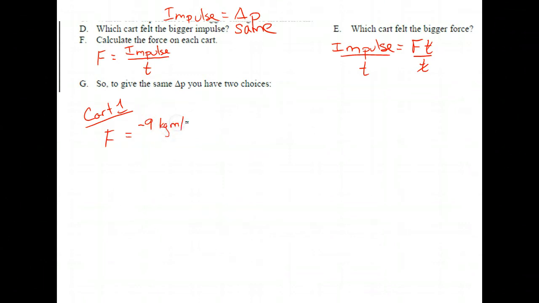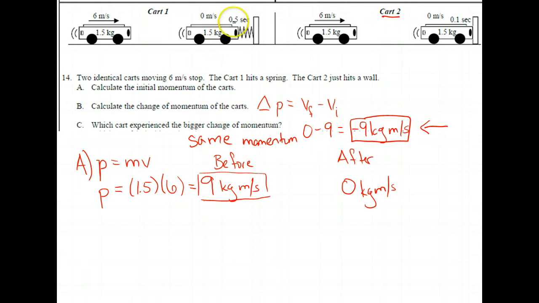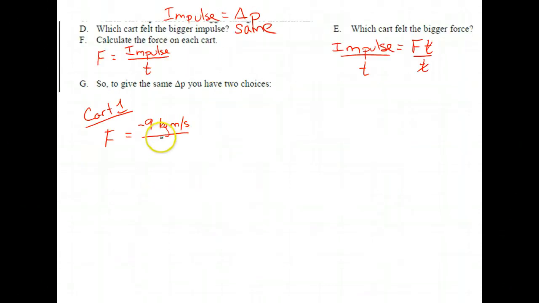And what time did it take to stop? 0.5 seconds. So negative 9 divided by 0.5, or negative 9 divided by a half, would give us negative 18, and it's force, so it'd be newtons. All right, so now let's do cart 2.